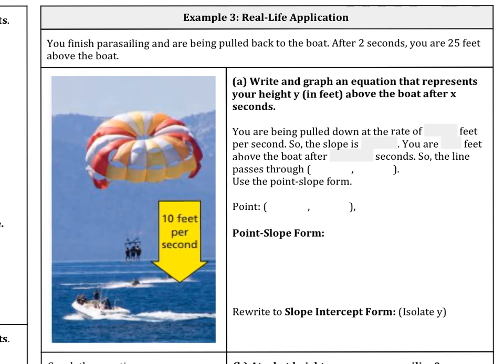Now let's discuss example number 3, a real life application. You finish parasailing and are being pulled back to the boat. After 2 seconds, you are 25 feet above the boat. Write and graph an equation that represents your height y in feet above the boat after x seconds.